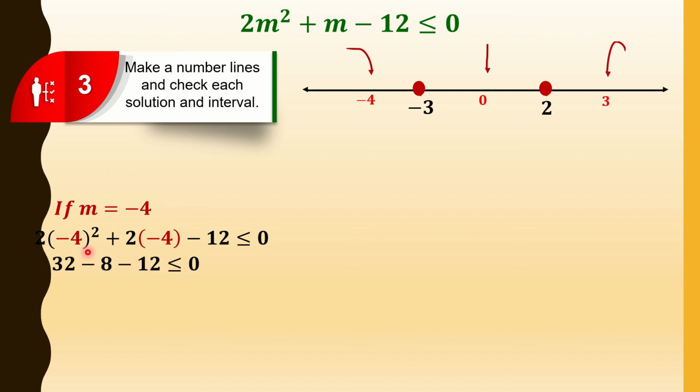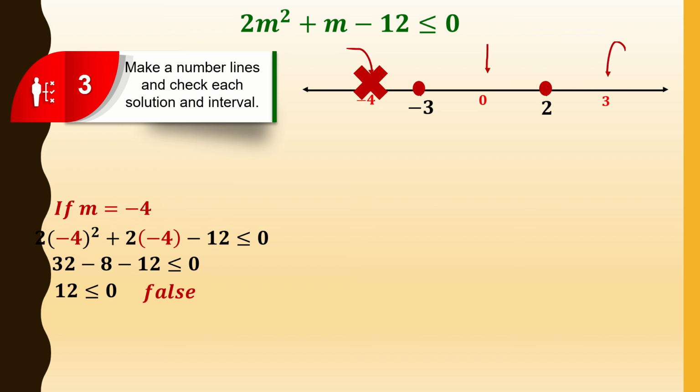Simplifying this one, we have 32 minus 8 minus 12 is less than or equal to 0. And this is equal to 12 is less than or equal to 0, which is not correct because 12 is greater than 0. So meaning points between negative 3 and negative infinity are not included.